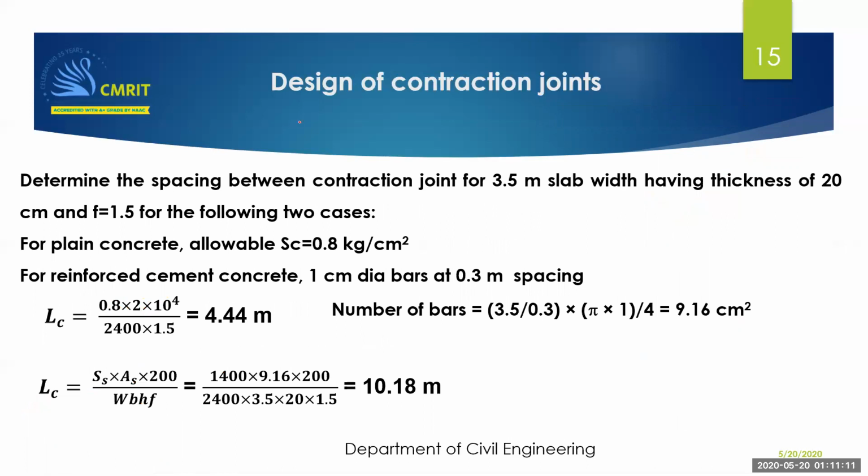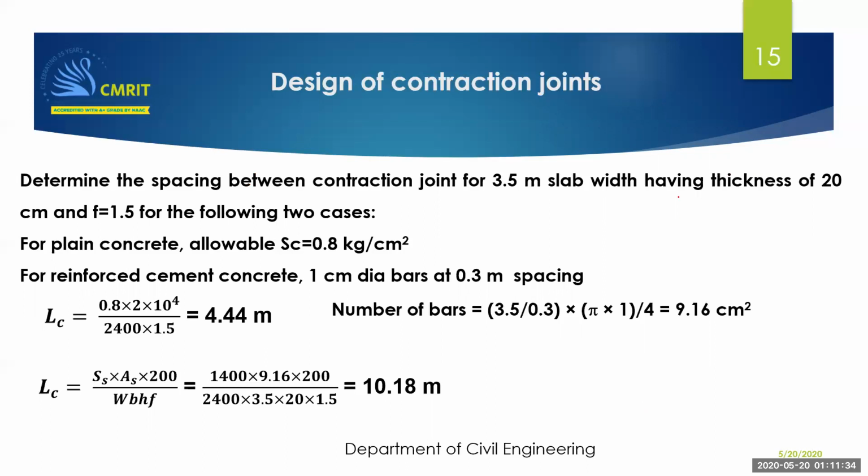Now they have also told that for reinforced cement concrete it is 1 centimeter bars at 0.3 meter spacing. So I should know how many bars are there in that area. Since this is resisted with respect to the width, I have to calculate the area of bars.